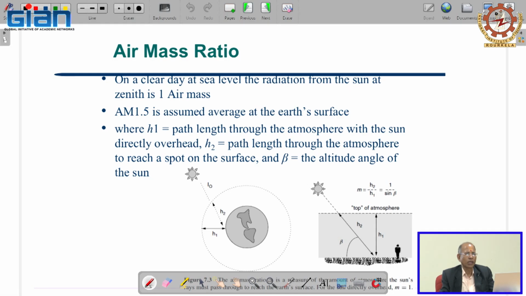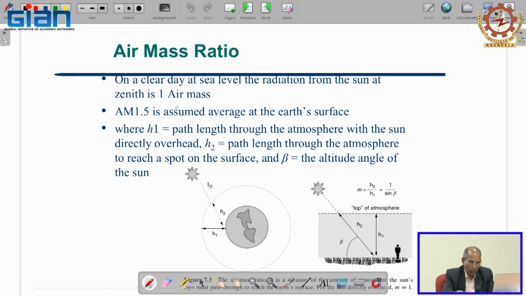Okay. So what is this air mass ratio? You can see this figure as well. On a clear day at sea level, the radiation from the sun at zenith, just like say, perpendicular, is 1 air mass ratio.